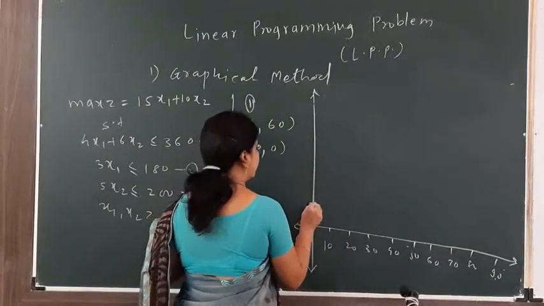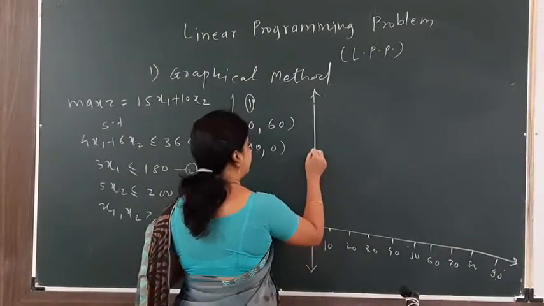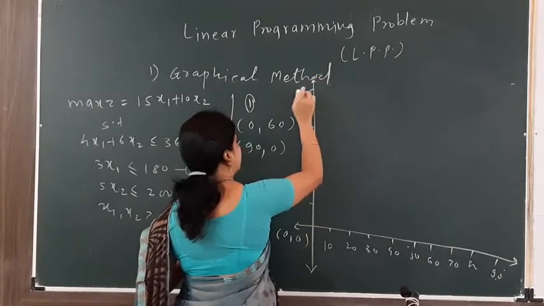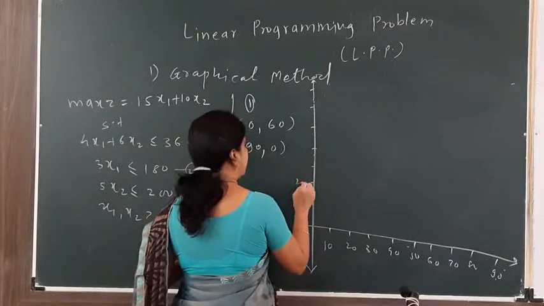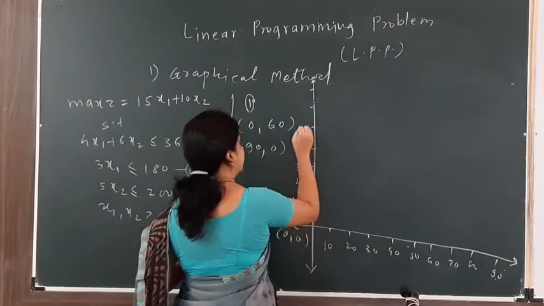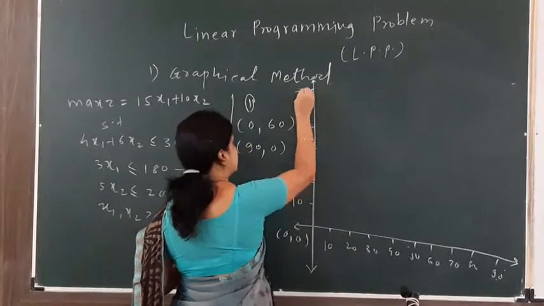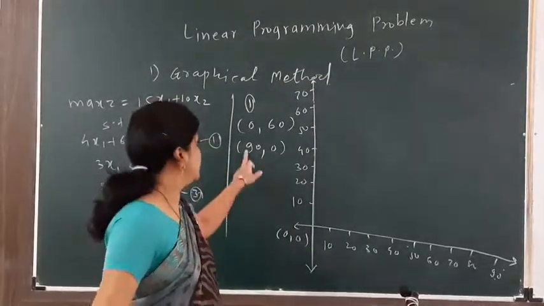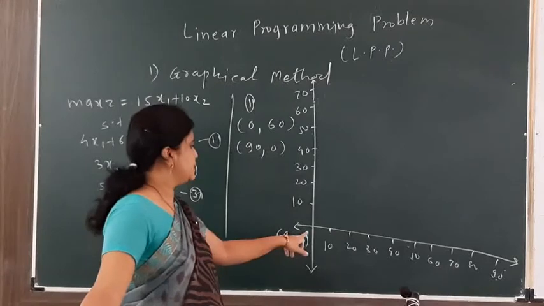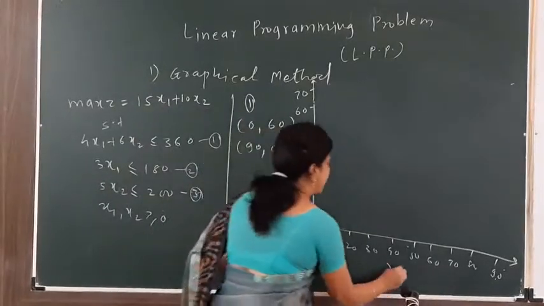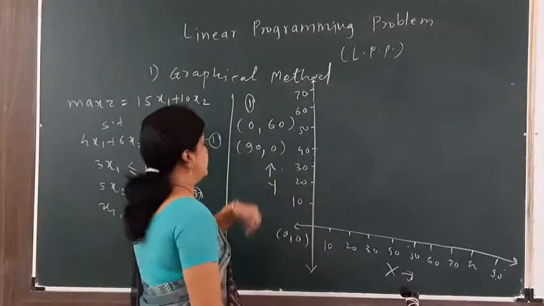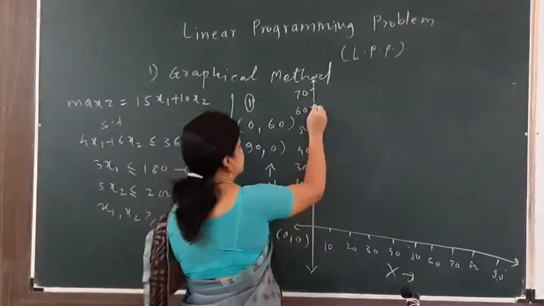And on this axis also I can write 1, 2, 3, 4, 5, 6, and then one more thing, 7. So 10, 20, 30, 40, 50, 60 and 70. So the first point I need to plot is 0, 60. So on x-axis I have 0 and on y-axis I have 60. So that means it is 0, 60 over here.